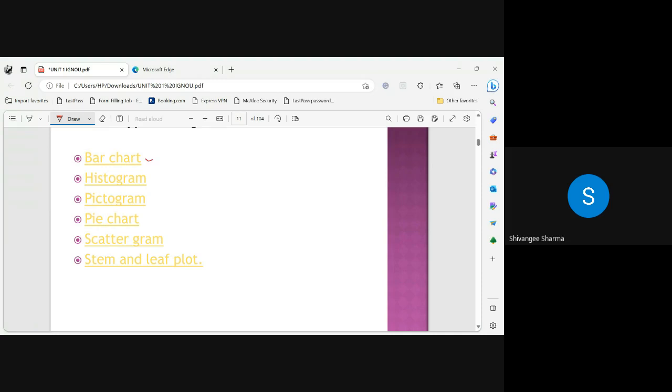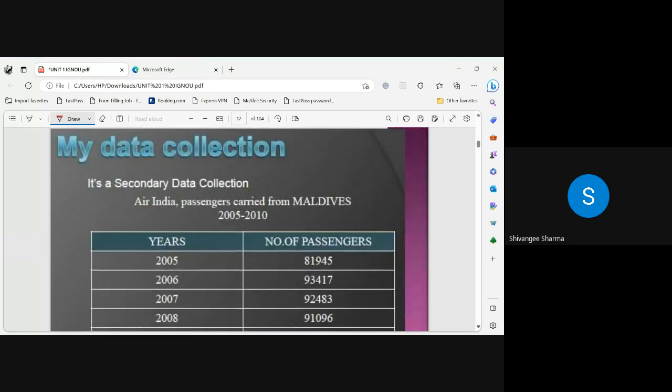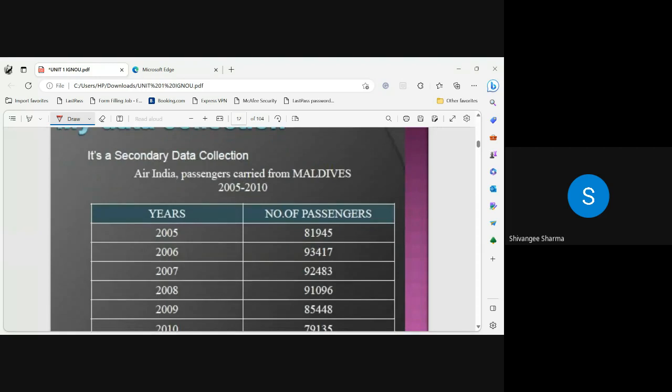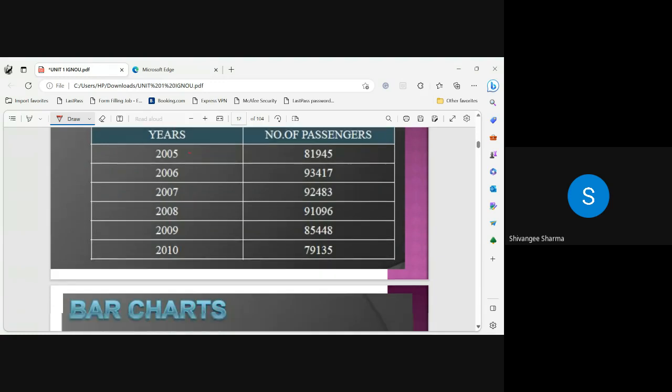We have bar charts, histogram, pictogram, pie chart, scattergram, and stem and leaf plot. Just take a look at this problem. These are the number of passengers with respect to year.